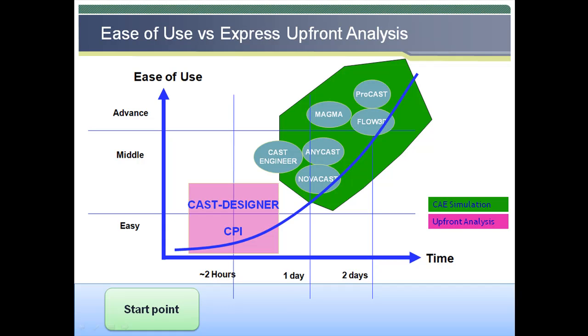Cast-Designer can start from the casting part only. Second, the modeling time. For traditional CAE systems, the modeling time is quite long. Especially CAD cleaning and meshing are very headache jobs. However, for Cast-Designer, it is only a few minutes for any model, whether the geometry is clean or not.